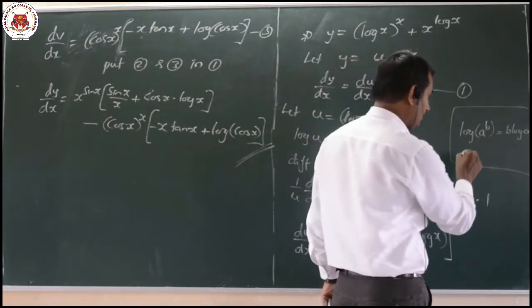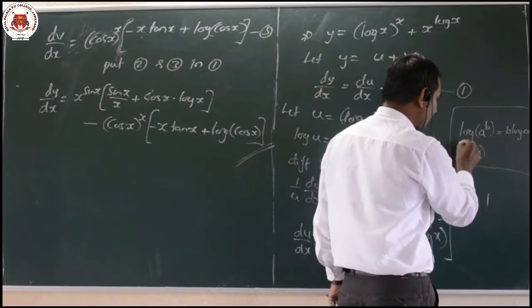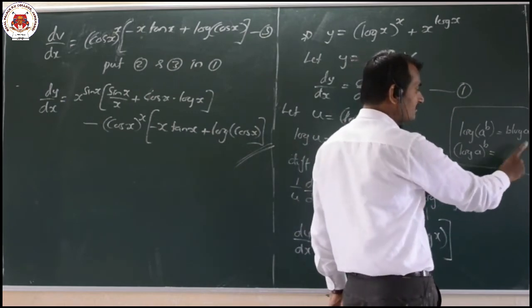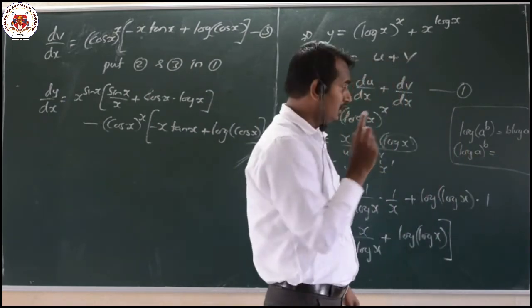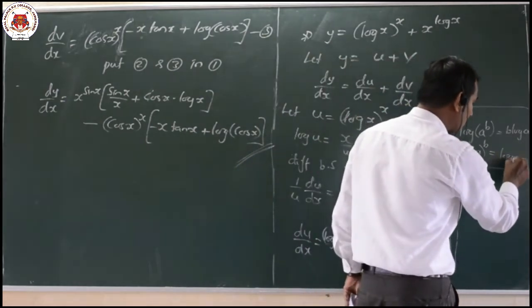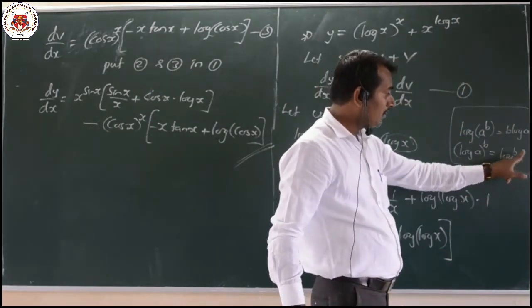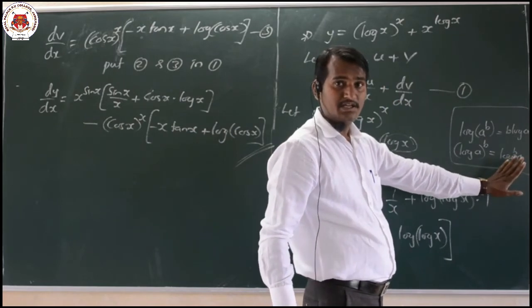But log a to the power of b, I can't write it as b log a. Its value is nothing but log to the power of b of a. It is very, very important thing to note.